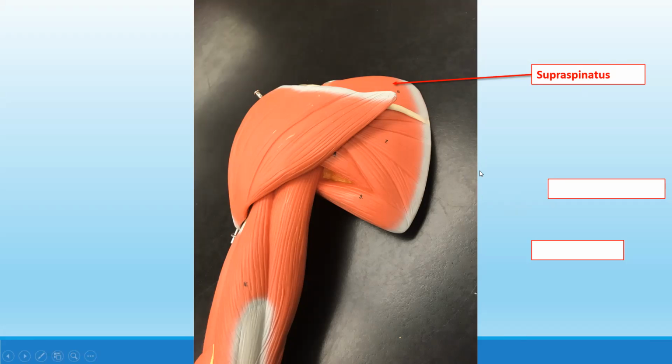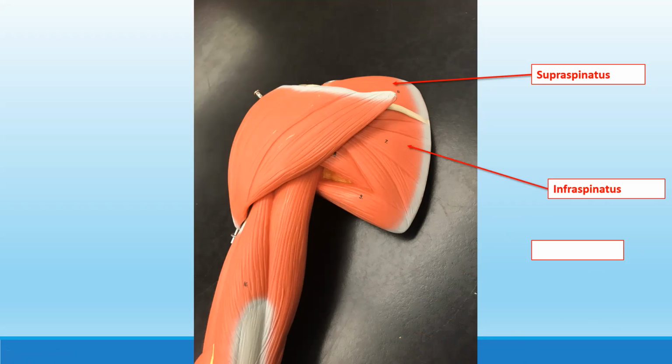Below the spine on the scapula, we've got the infraspinous fossa, the flat area below the spine. Here we have a muscle called the infraspinatus.